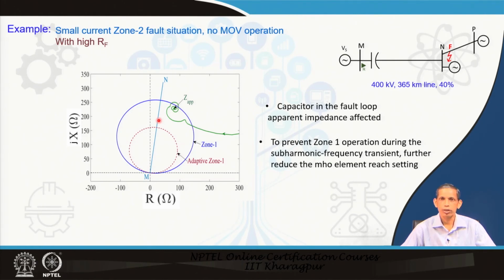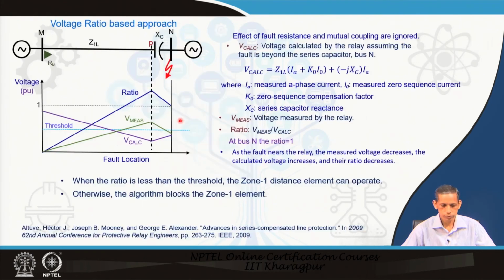If this can be done, then you can avoid the malfunction of the relay in a better way. This is clearly observed from this example of a zone 2 fault for this 400 kV system.